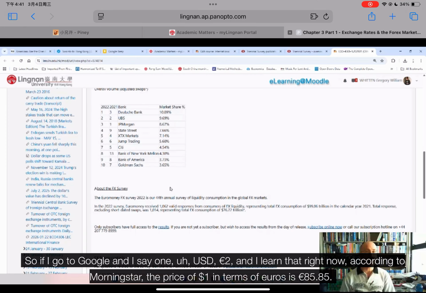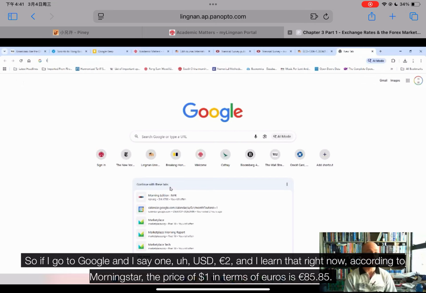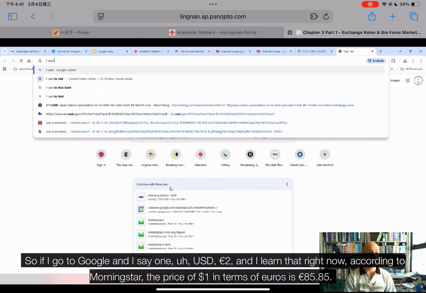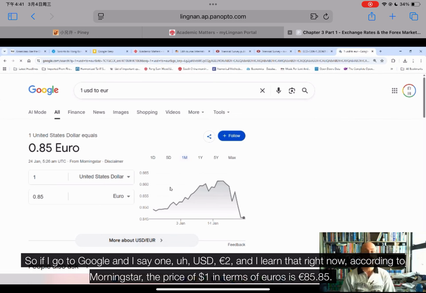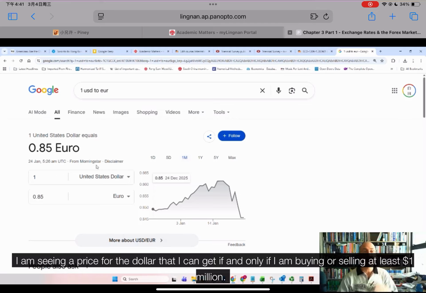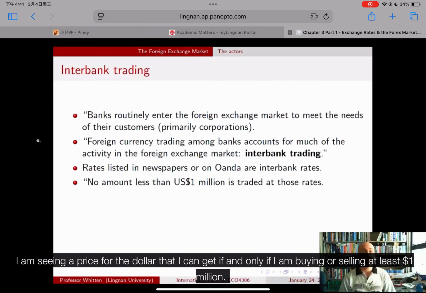So if I go to Google and I say 1 USD to euro, and I learn that right now, according to Morningstar, the price of $1 in terms of euros is 0.85 euros, I am seeing a price for the dollar that I can get if and only if I am buying or selling at least $1 million.